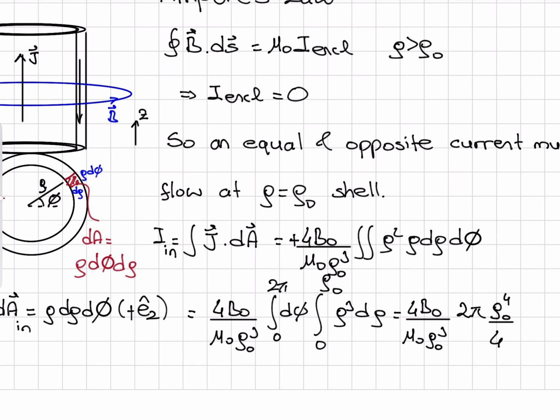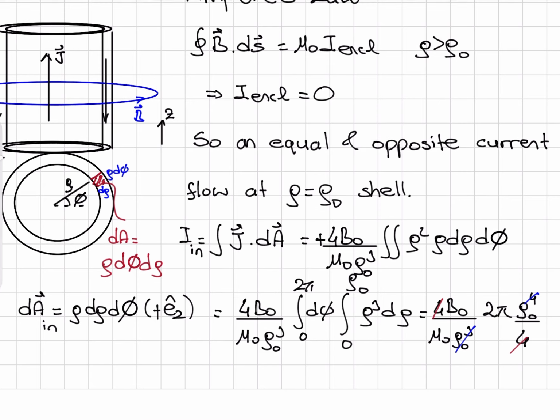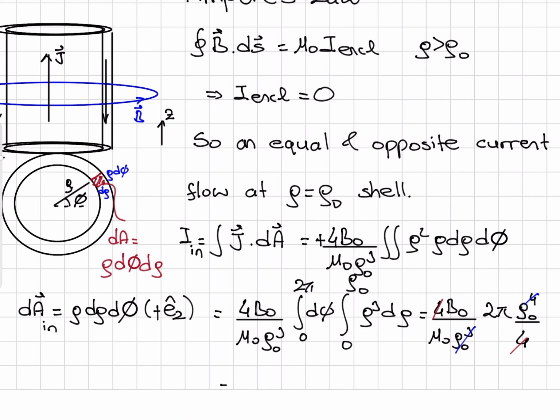So I can see that these 4's will cancel, and this rho 0 cube will leave a single rho 0 up front. So this will give me, for the current inside, 2 pi B0 rho 0 divided by mu 0. That's the total current that flows inside.